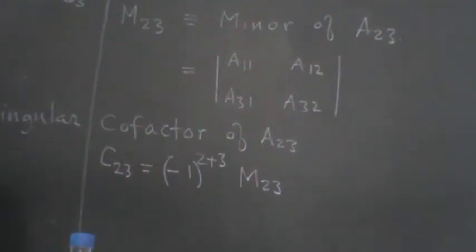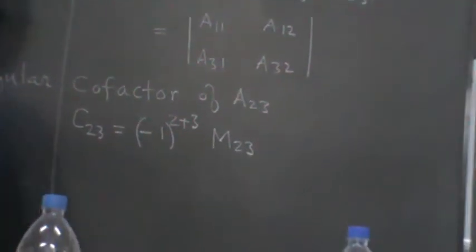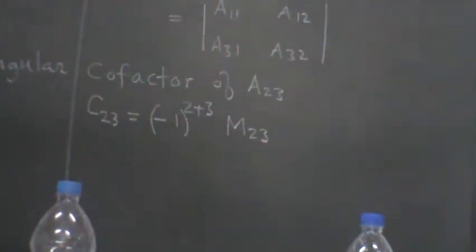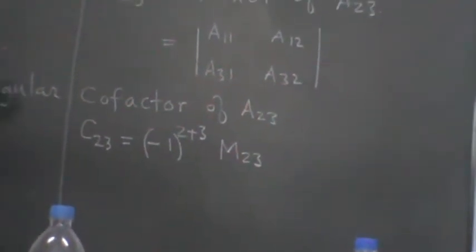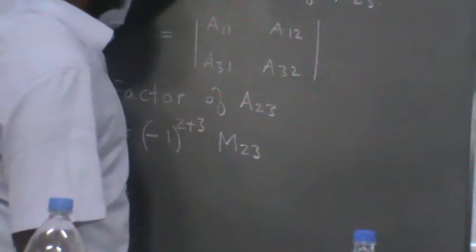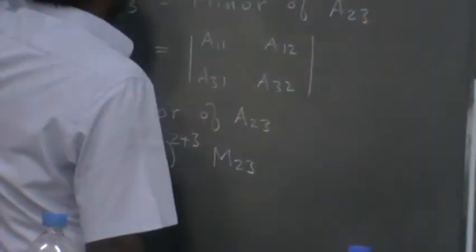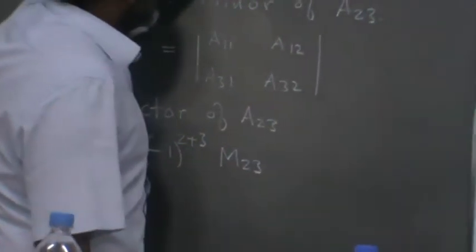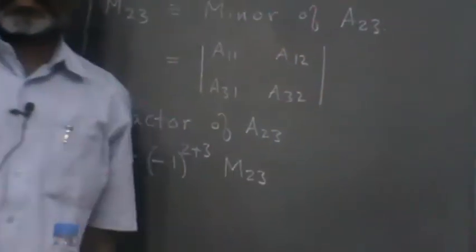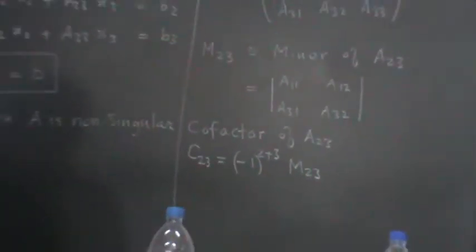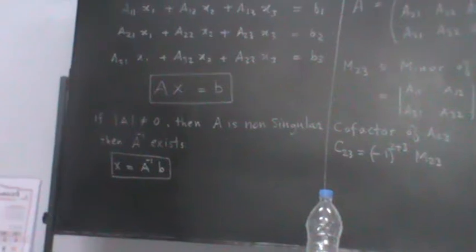So you can write what is called a cofactor matrix. Now I have calculated the cofactor of this. I can calculate the cofactor of this, of this, of this, and so on. I can write a cofactor matrix. Okay?